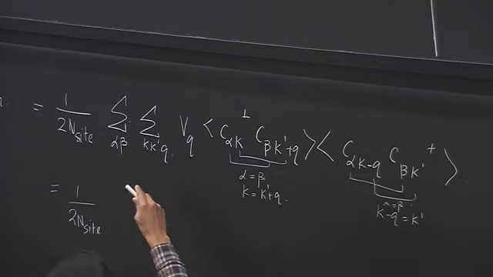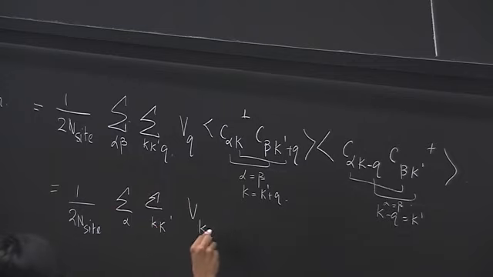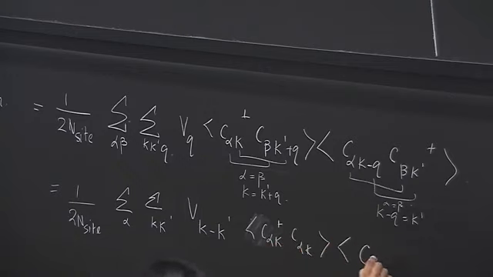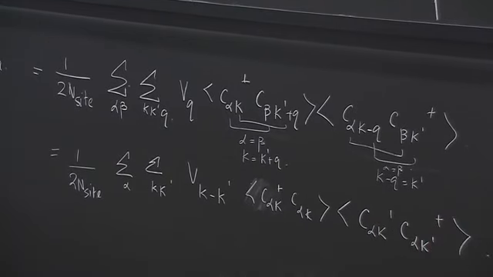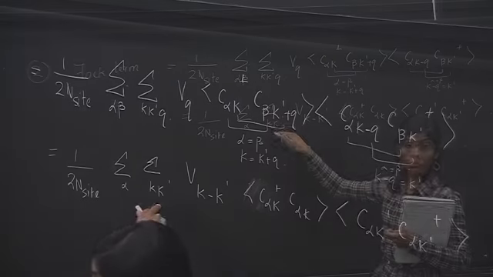this becomes summed over alpha, c alpha k dagger, c alpha k prime. Okay? Where all I've done is enforce these constraints, and so that's removed two sums for me.